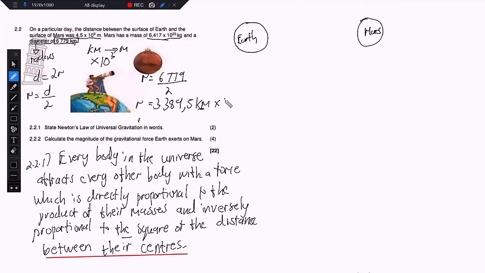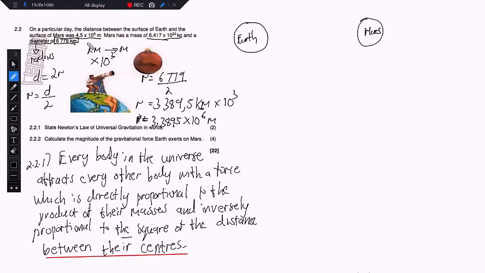Which if you do here times 10 to the exponent of 3, the radius now becomes 3.3895 times 10 to the exponent of 6 meters, right? Now, you can see this if you just punch it in your calculator. If you write it in simplified scientific form, that's how you're going to have it, 3.3895 times 10 to the exponent of 6 meters. So we are fine with the radius of Mars.